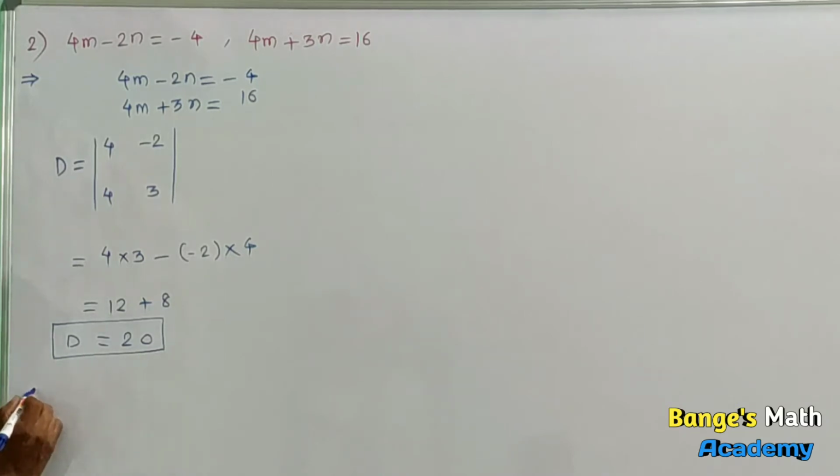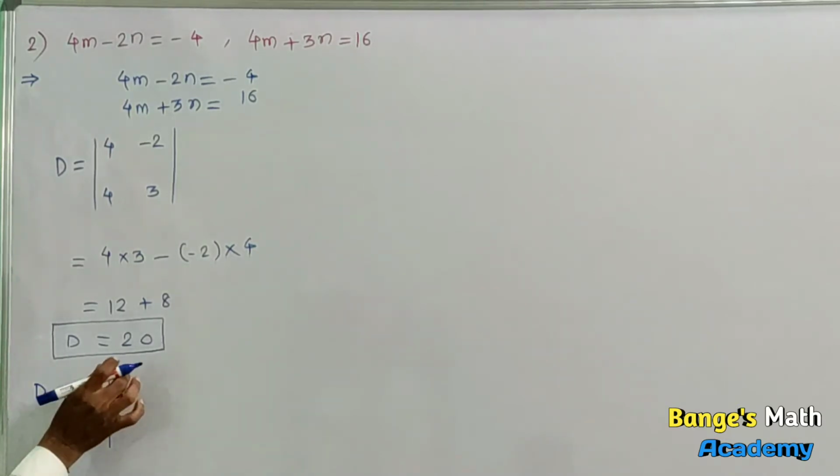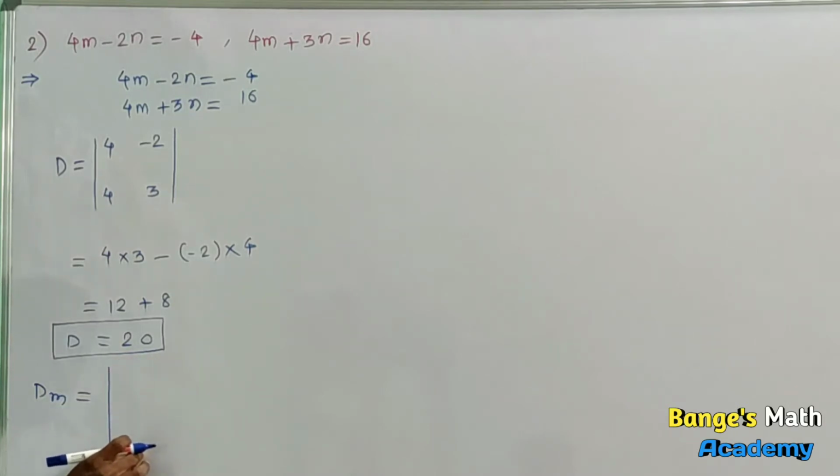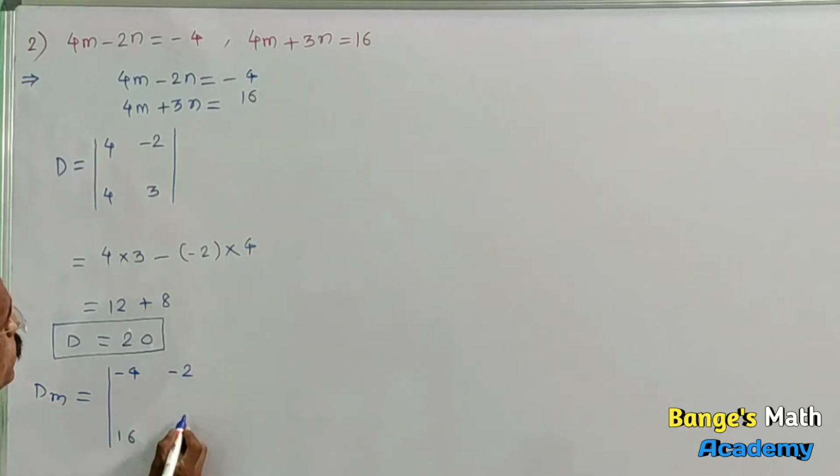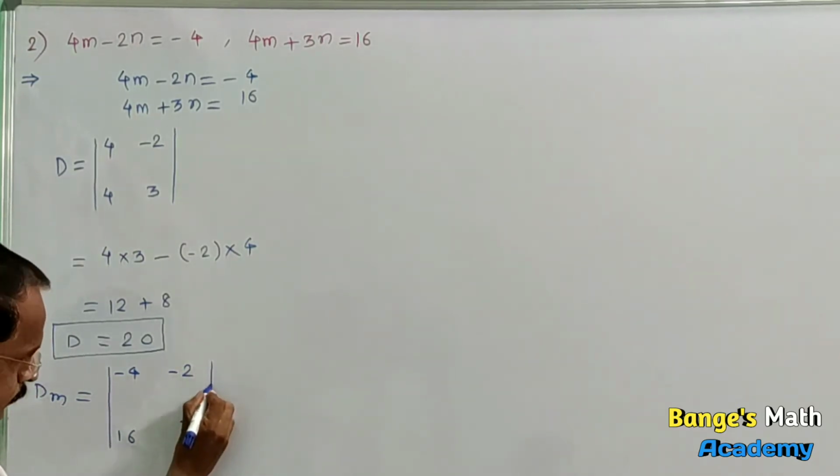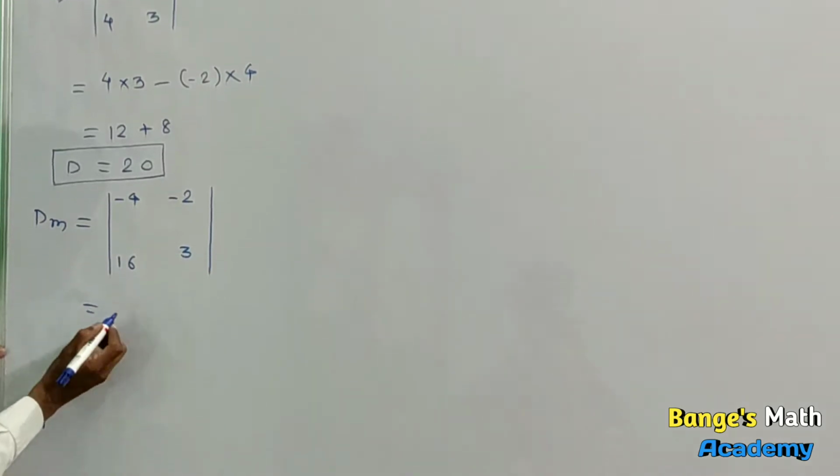Then find dm. In the first column, neglect the coefficients of m and at this place write down the constant terms: minus 4, 16. In the second column, write down the coefficients of n as they are: minus 2, 3. Simplify this.